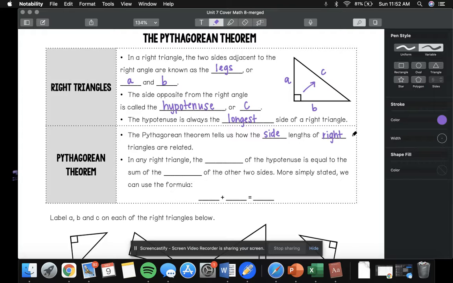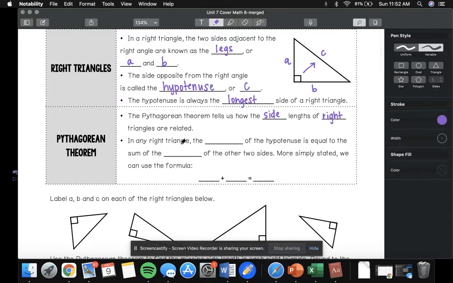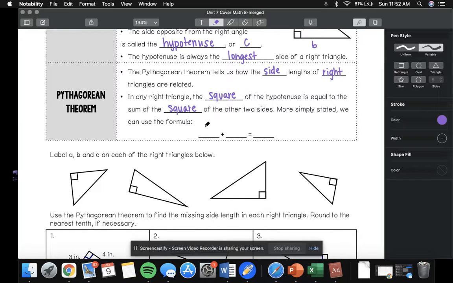So in any right triangle, if you find the area of the square on the hypotenuse, it's always equal to the sum of the squares of the other sides. More simply stated, the Pythagorean theorem is just squaring one of the legs plus squaring the other leg, and it will always equal the hypotenuse squared. So a squared plus b squared equals c squared.